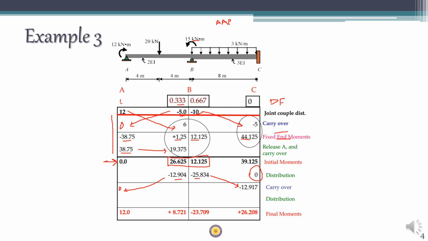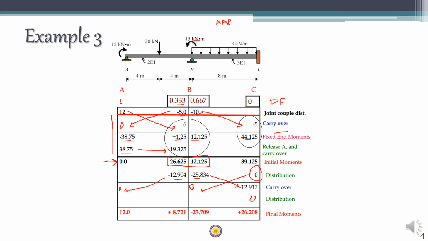Half of 0 has to be carried over here, which will again be 0. Okay, at this point when we consider all the carryovers, there is only one unbalanced moment at C. So minus 12.917 is an unbalanced moment at C. Multiplied with distribution factor 0, you have distribution as 0. So with this you can stop your moment distribution.